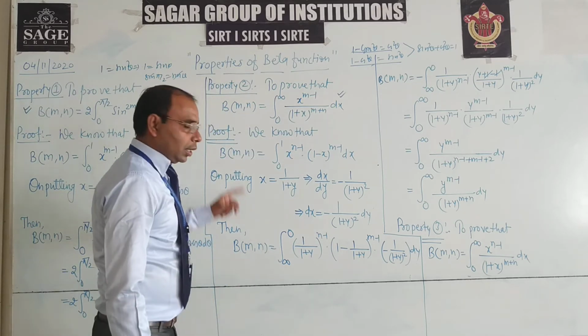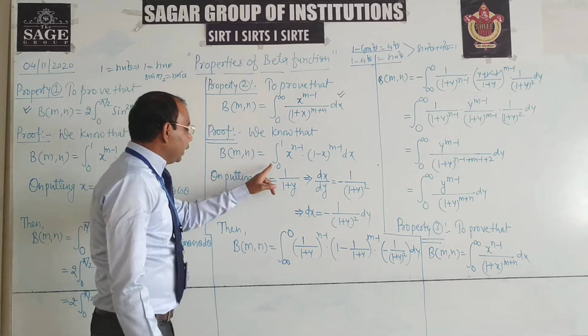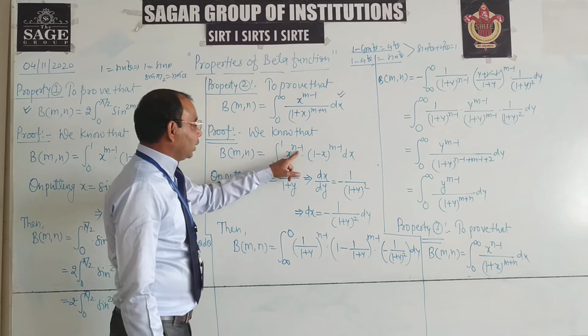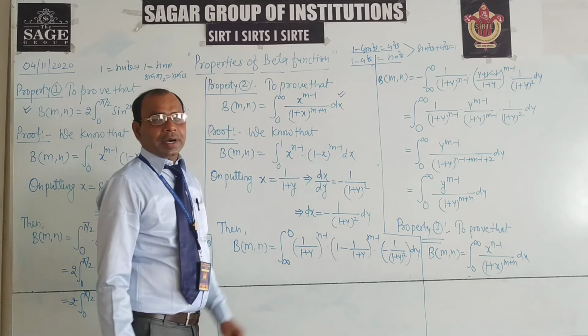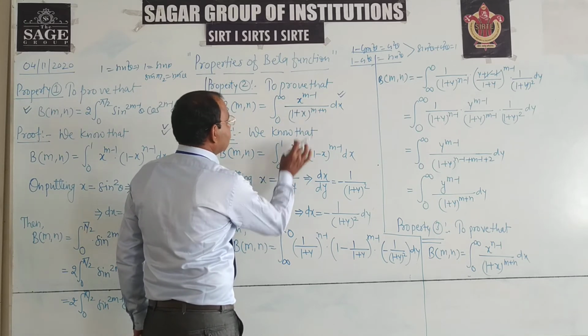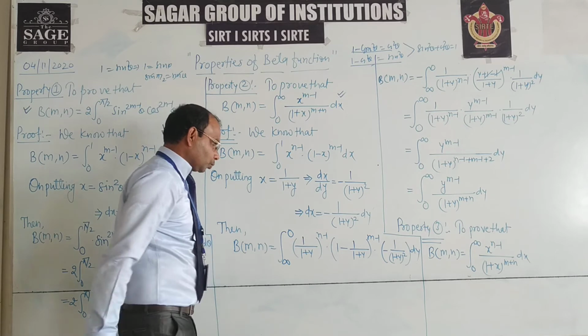In the formula of beta function, beta mn equals the integration from 0 to 1 of x to the power n minus 1 times 1 minus x to the power m minus 1. We have this term, but the difference is here n and here n.